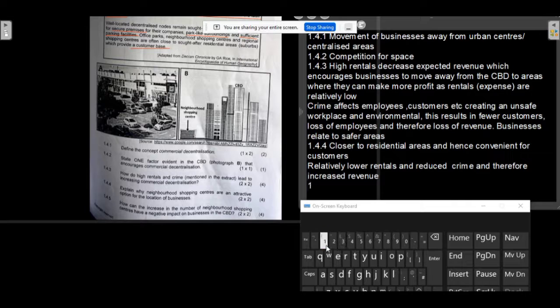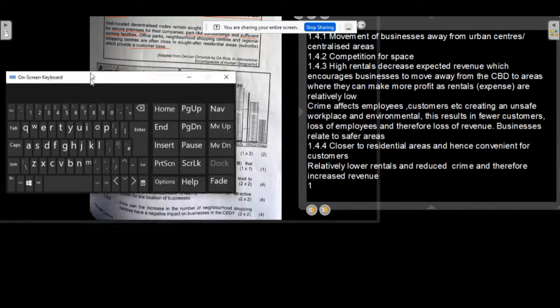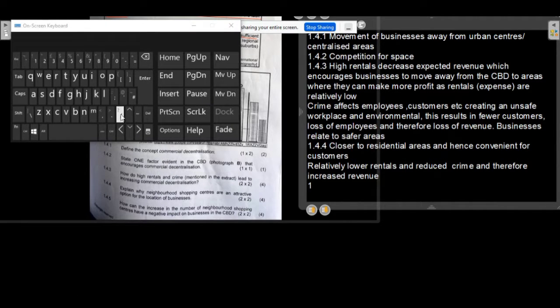How can the increase in the number of neighborhood shopping centers have a negative impact on businesses in the CBD? Of course, because there's heavy competition, people are no longer going to go to the CBD because first of all, it's congested.